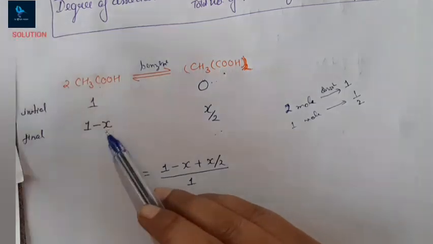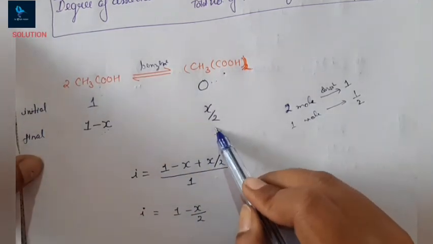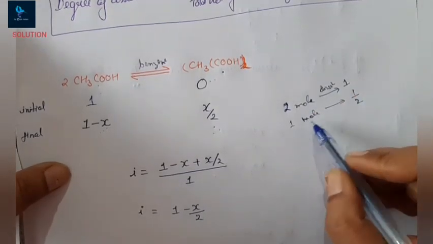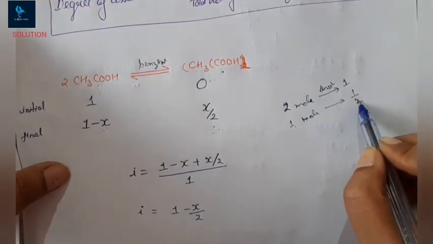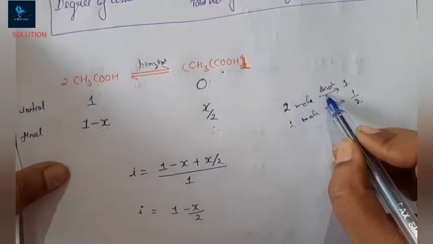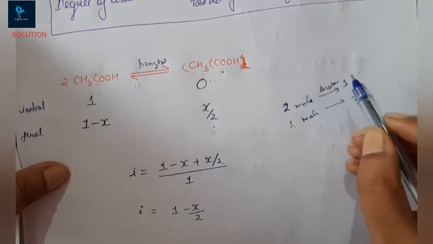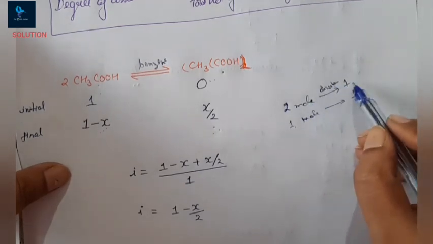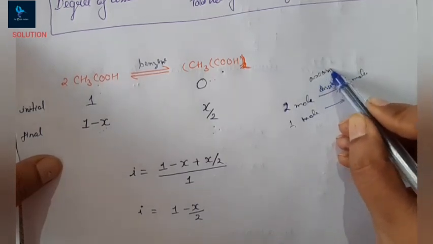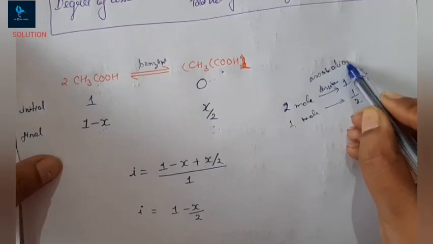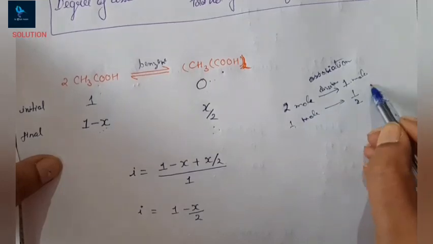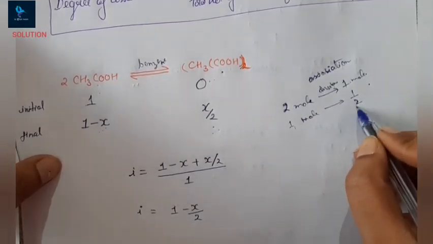X is some part that associates, so x by 2. 2 moles after association in solution form 1 mole. This is the association process. In association, 2 moles become 1 mole and 1 mole becomes half.